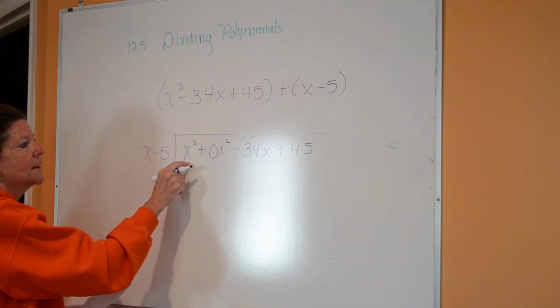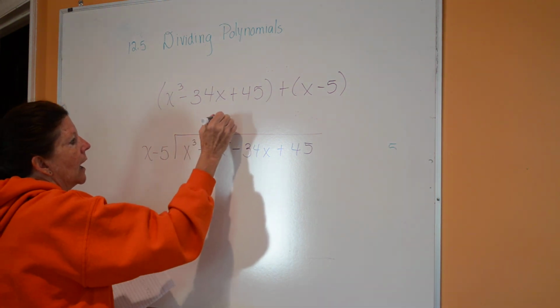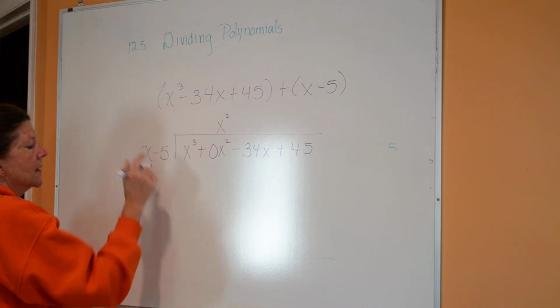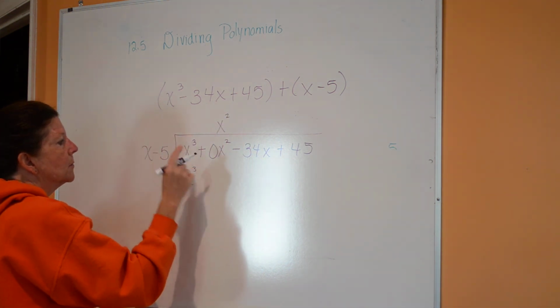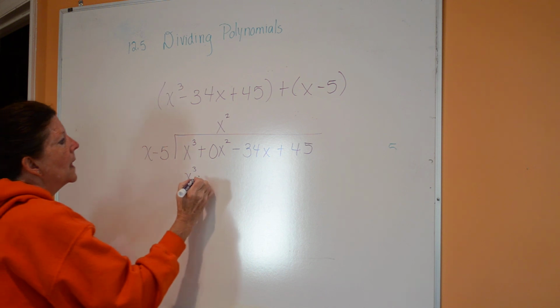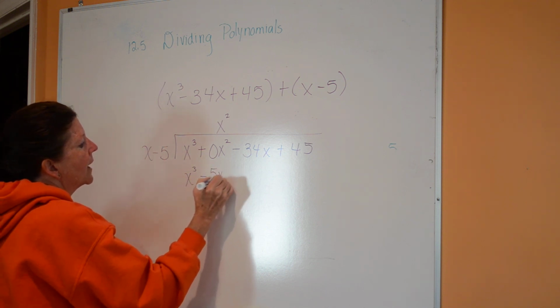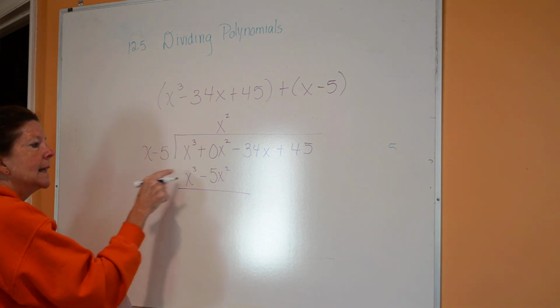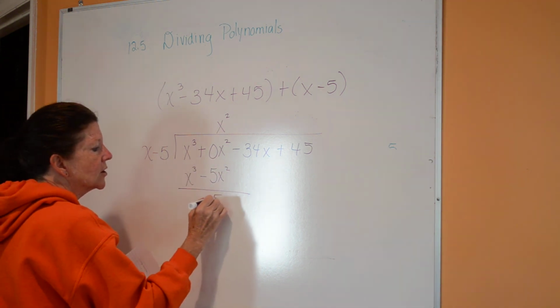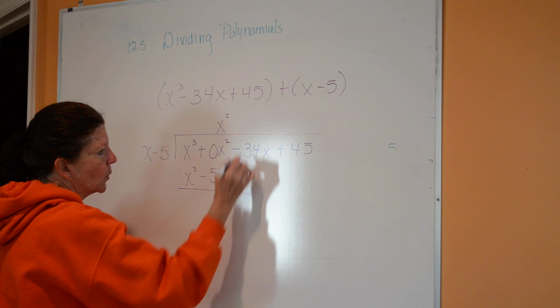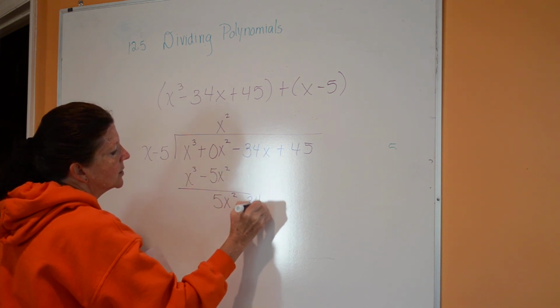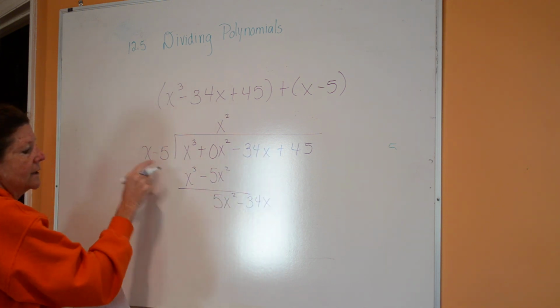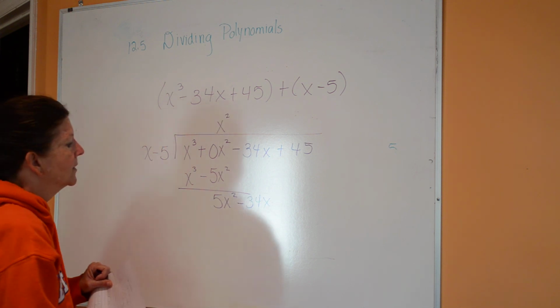x times what gives me x cubed? x squared, because x squared times x is x cubed. Remember, it must match up. Minus 5x squared. So I have a 0x squared minus a negative 5x squared, which gives me a positive 5x squared. I bring down the next term. x times what gives me 5x squared?